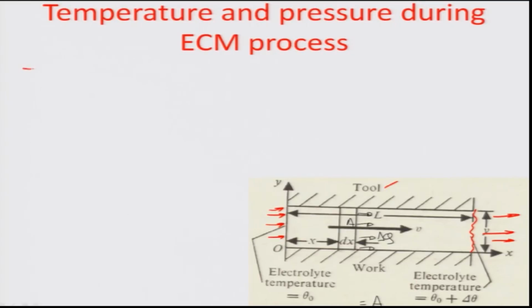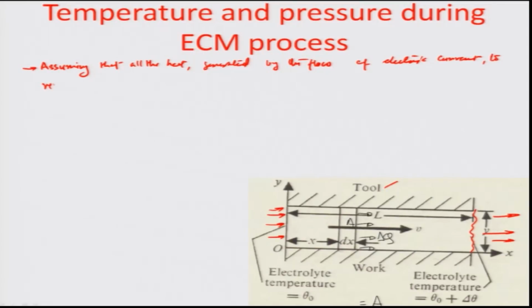So, let us just write that here. So, assuming that all the heat generated by the flow of electric current to remain in the electrolyte, that is, we are neglecting in our proposition the heat flow through the electrodes, which is a big issue because of the high conductivity of the metal electrodes.